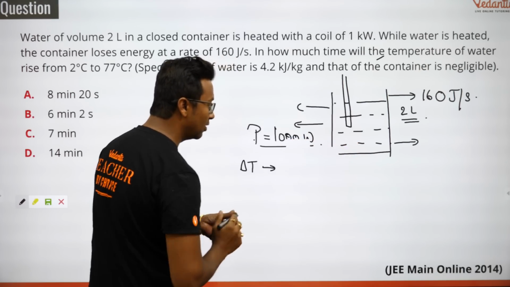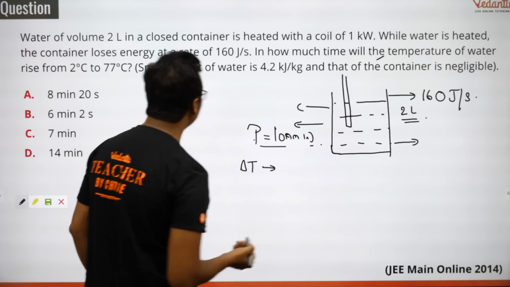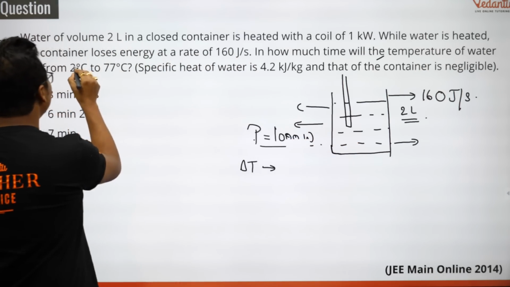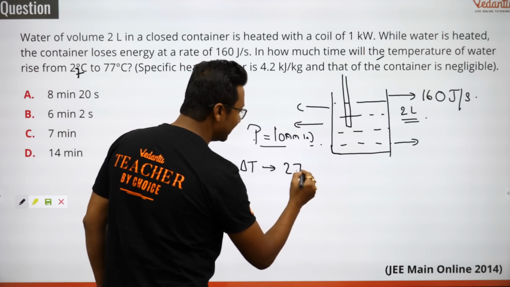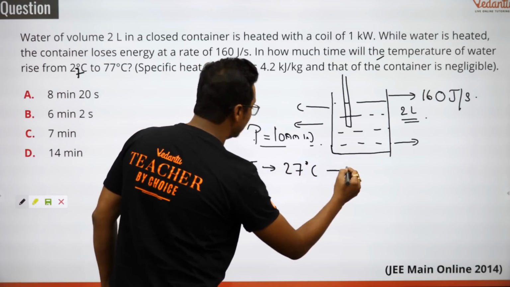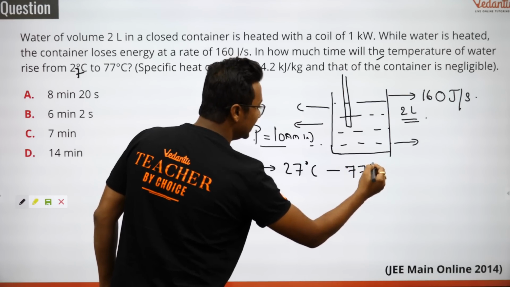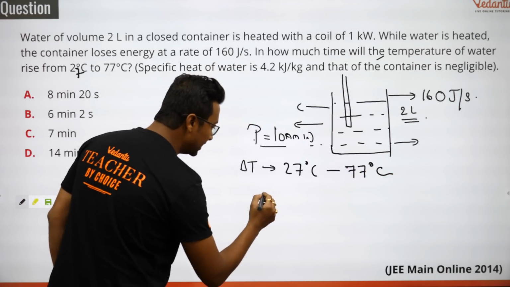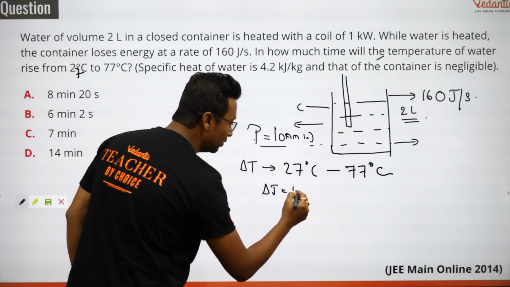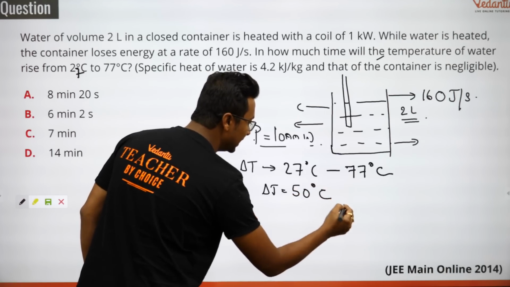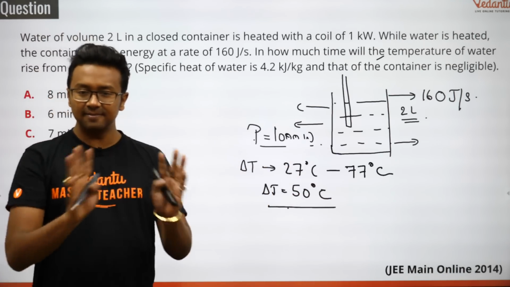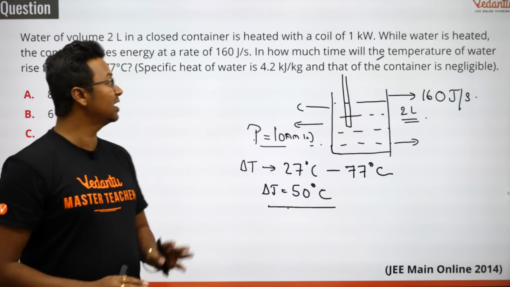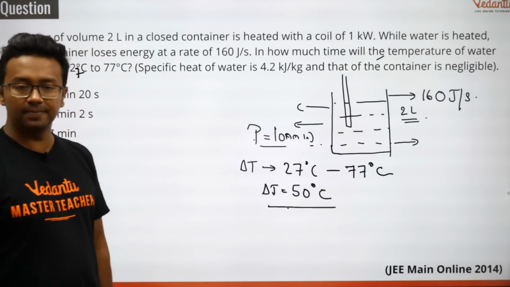Since I am aware of what the actual question is, it was actually 27. So it goes from 27 degrees centigrade to 77 degrees centigrade. So the delta T is equal to 50 degrees centigrade out here. Overall, this is the premise of the question: how much time is it going to take.